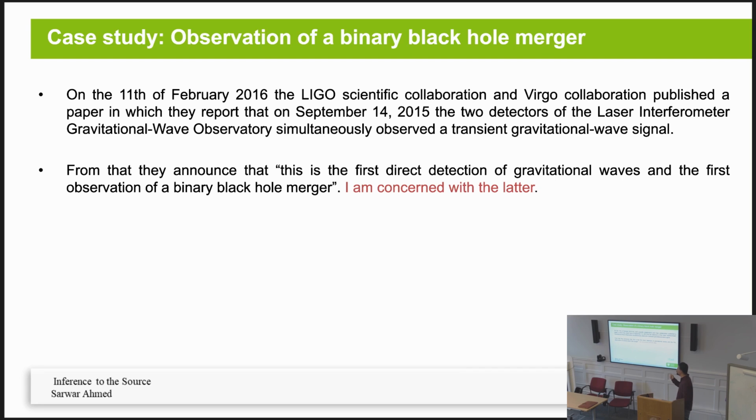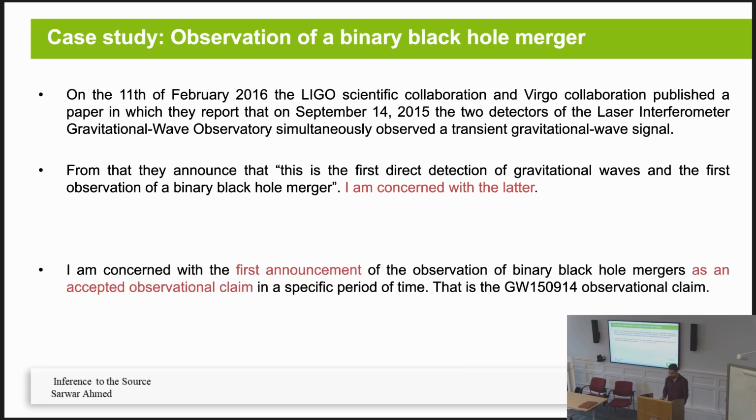I take gravitational waves as just information carriers. Because this is two observations, one of the gravitational waves and the other of the binary black hole. More specifically, I am concerned with this first announcement of the observation of binary black hole mergers as an accepted observational claim in a specific period of time.